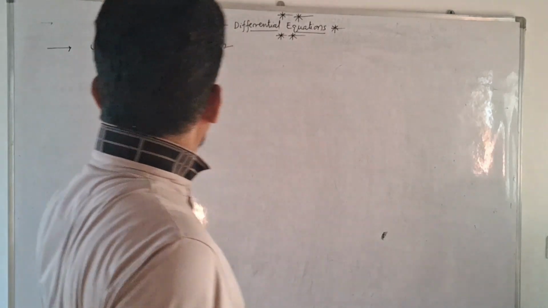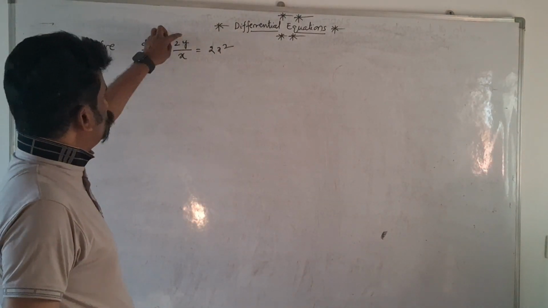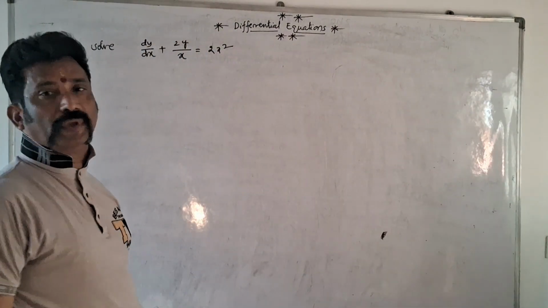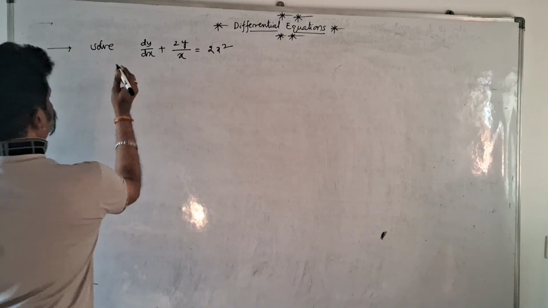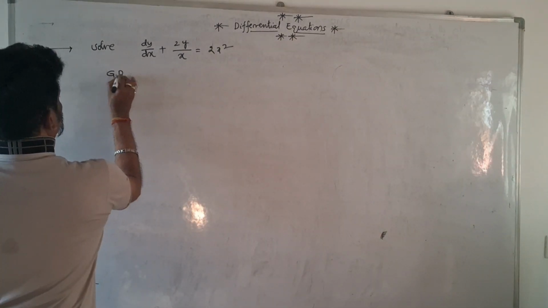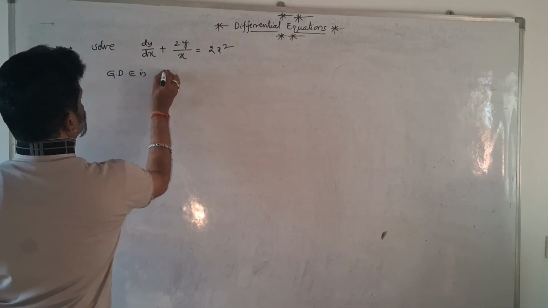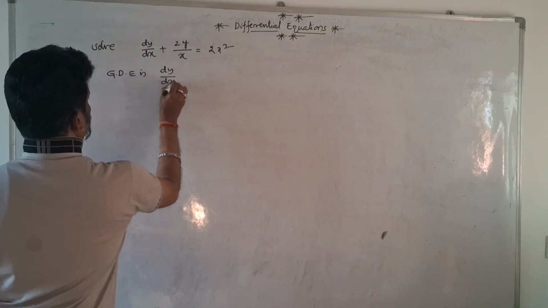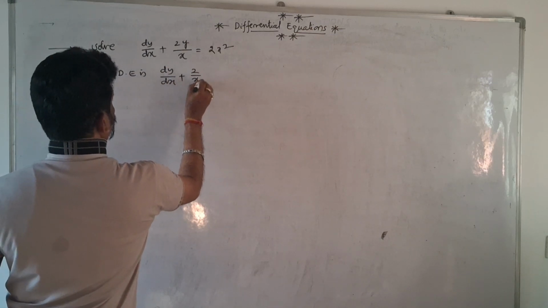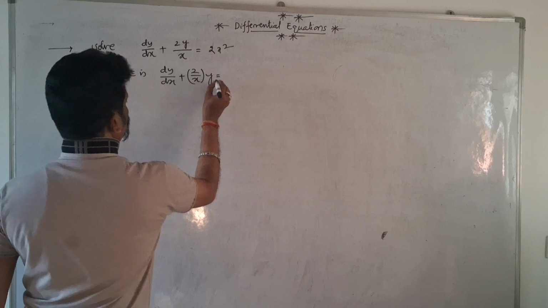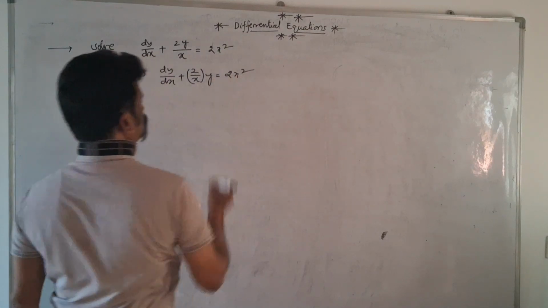Okay. One question: given that dy by dx plus 2y by x is equal to 2x square. Now the given differential equation is dy by dx plus 2 by x into y is equal to 2x square.